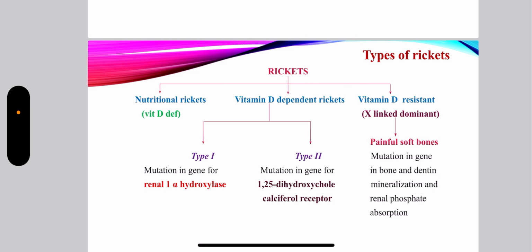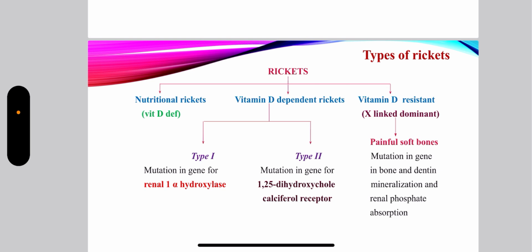Next is vitamin D resistant rickets. It is an X-linked dominant form, also called familial hypophosphatemic rickets. In this condition, bones become painfully soft and get bent easily. What is the reason? Mutation in the gene involved in bone and dentin mineralization and renal phosphate absorption.